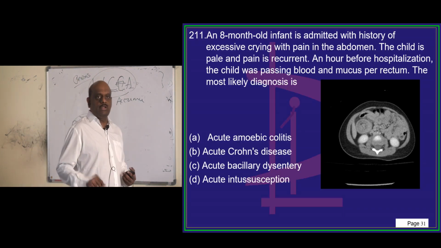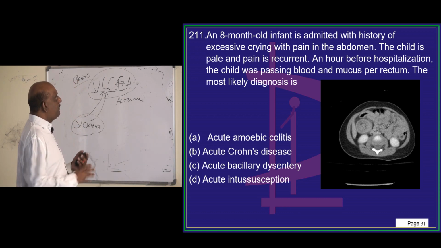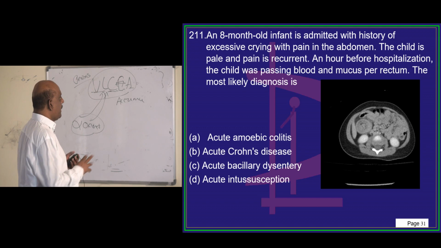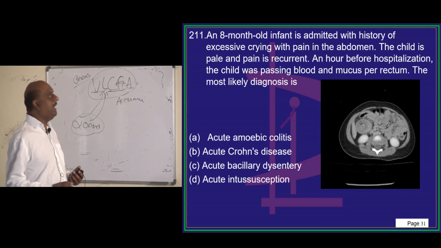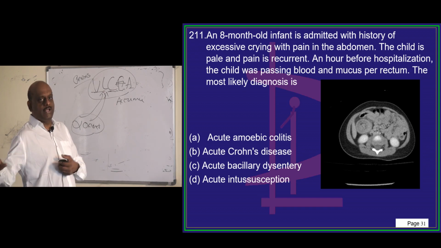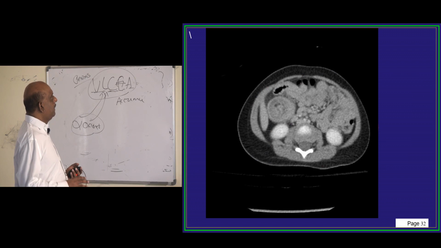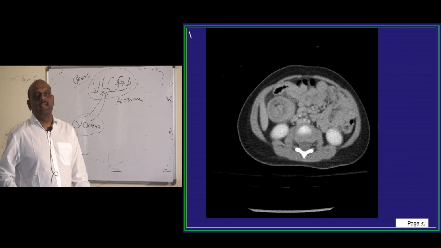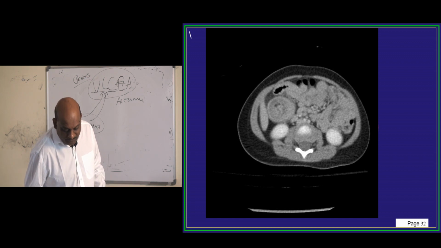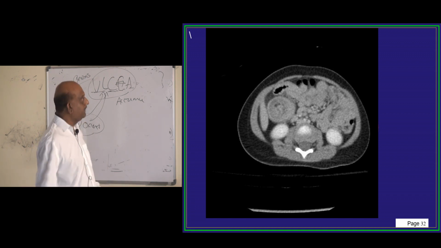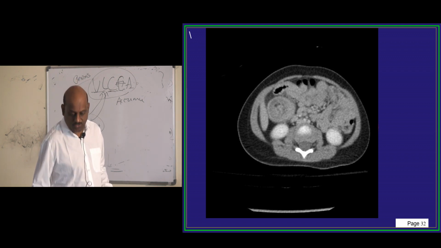An 8-month-old with history of excessive crying, the child is pale and the pain is recurrent, and there is passage of blood, red currant jelly like stool per rectum, and you have taken an abdominal imaging. So what is your clinical diagnosis, doctor?